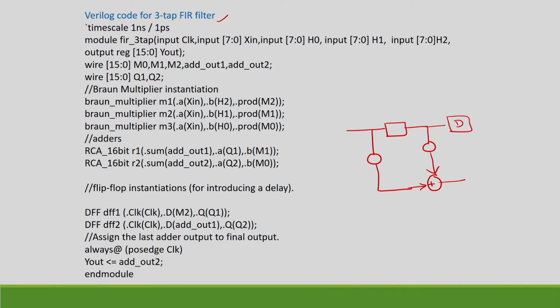We are using 2 D flip flops for this and this. This is input x of n, and there are 3 multipliers which multiply with A, B, C. These 3 multipliers will be represented by Braun multipliers M1, M2, M3.